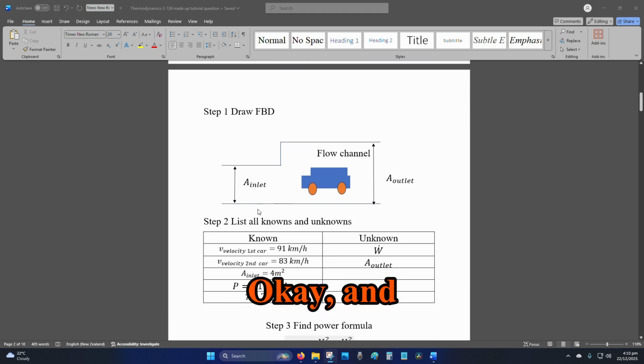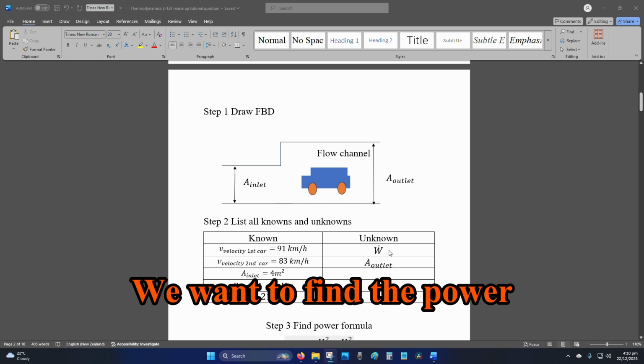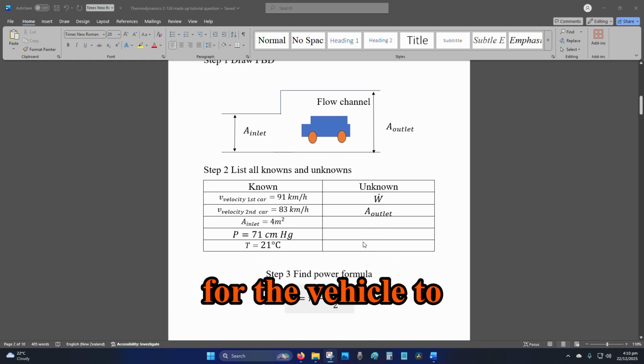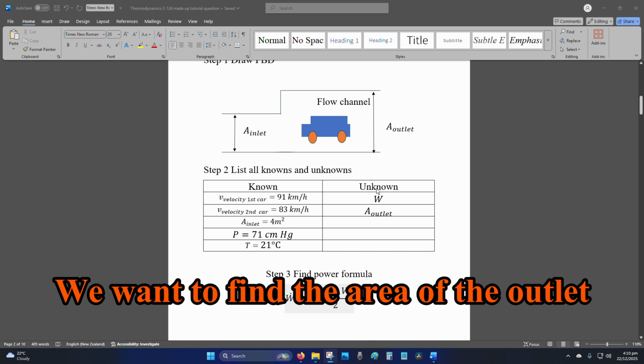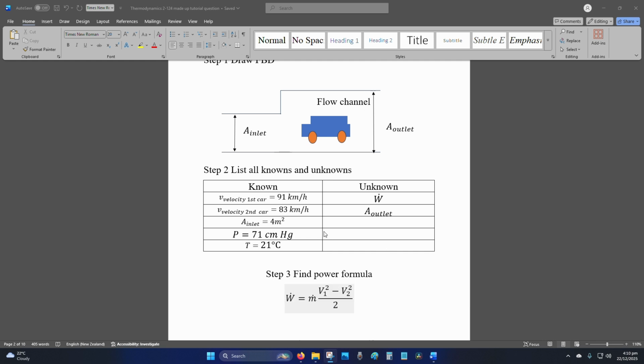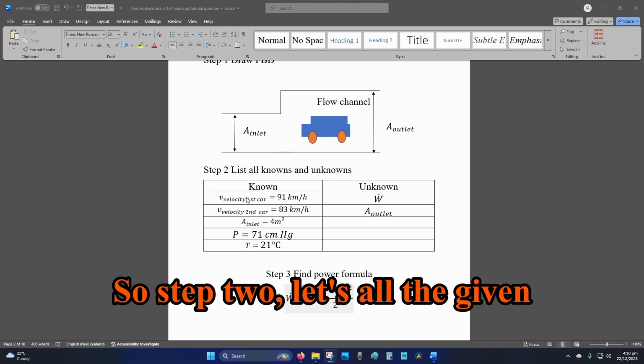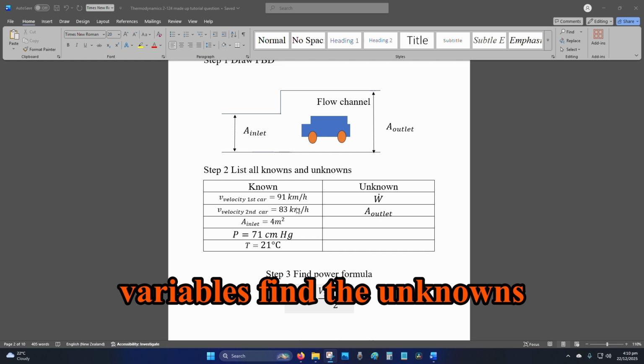Okay, and we want to find the power for the vehicle to overcome the air resistance, and we want to find the area of the outlet. So step 2, list all the given variables, find the unknowns.